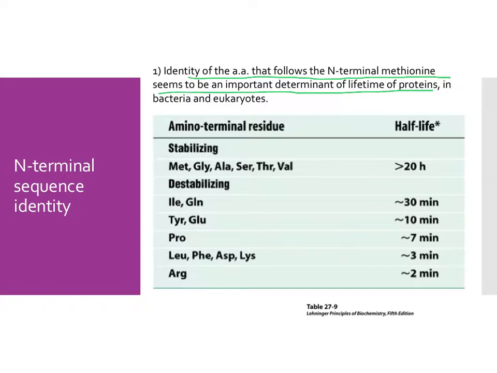When a protein is being translated, the very first amino acid that gets put on is this methionine. That's why we call it N-terminal methionine or N-met. And then anything after that, let's say it's arginine, and then proline, and then lysine, and so on and so forth. This would be residue number 1, this is residue number 2, 3, 4, and so on.